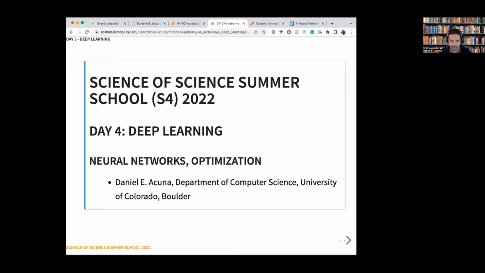But the main idea of deep learning is that the idea behind it is not that new. Neural networks were introduced decades ago, I think 60 or 70 years ago. But at the time, the amount of complexity that the neural networks had was not big.